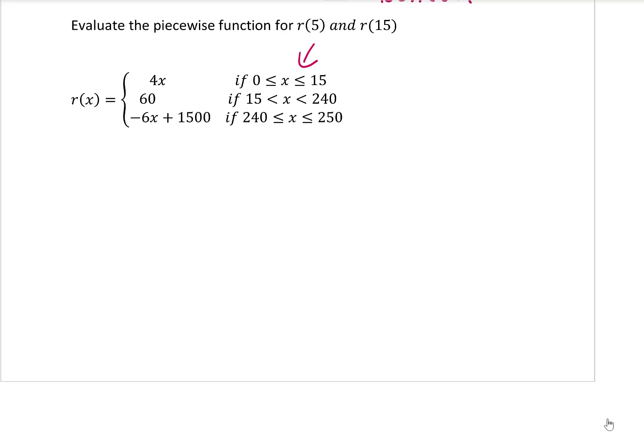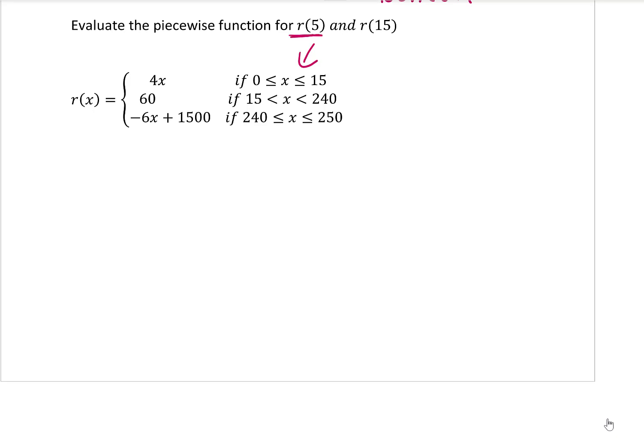The first one is the equation 4x, but that equation only exists for the domain between 0 and 15. The equation of 60, so y is equal to 60, only exists from 15 to 240. And the equation y equals negative 6x plus 1,500 only exists from 240 to 250 with the x values.